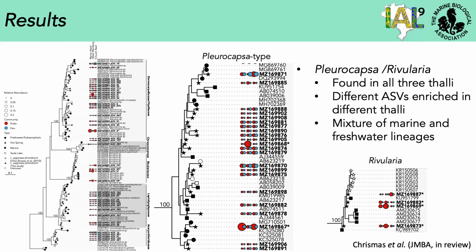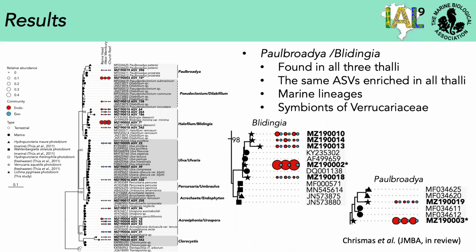And this is really interesting. It may be a sign that Lichina can recruit secondary photobionts based upon the amount of freshwater runoff at particular locations.